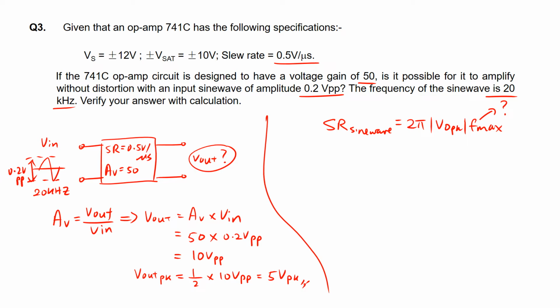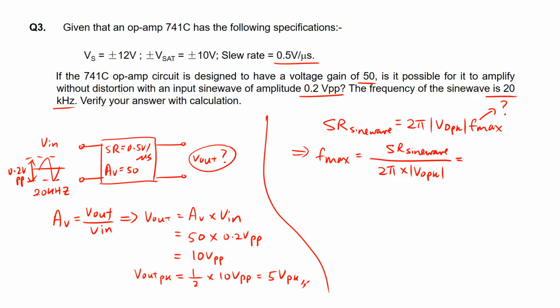We can rearrange the equation to give F max. F max equals the SR sine wave value divided by 2 pi multiplied by the output peak voltage. I'll substitute the values now.